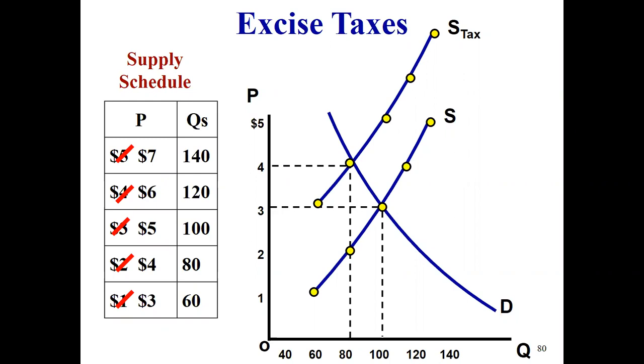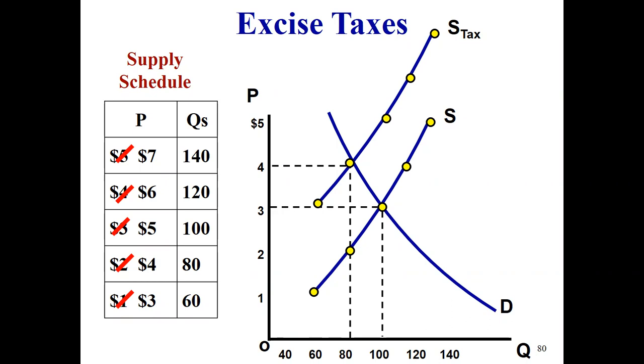All right, Ian, what is the price of cigarettes before the tax? $3. What is the price after the tax? $4. So how much are consumers paying of that $2 tax? $1, right? They used to pay 3, now they pay 4, so that's up.